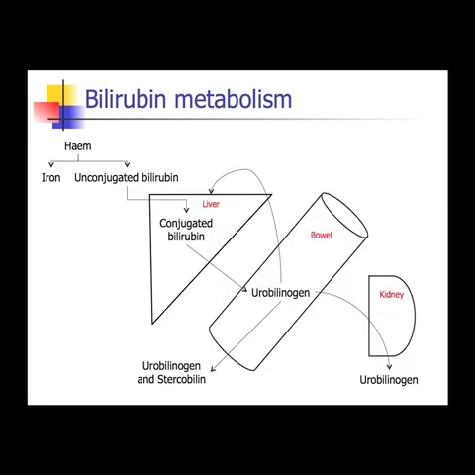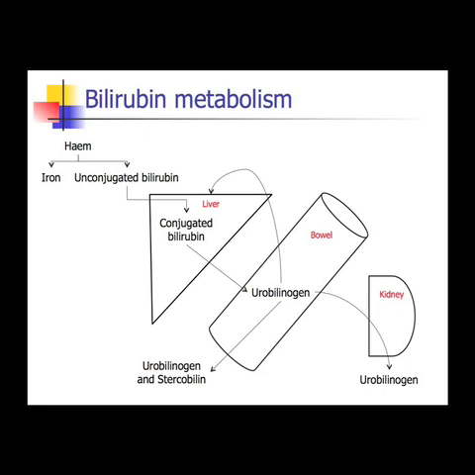So this next slide shows a diagram which just summarizes this process and makes it a bit easier to understand. And you can see the initial stage of bilirubin formation as heme is broken down and taken up by the liver, where it's then conjugated, secreted into the gut, where it's converted into urobilinogen and stercobilin, and also the urobilinogen can be taken up again into the bloodstream and circulated back to the liver or excreted in the urine.